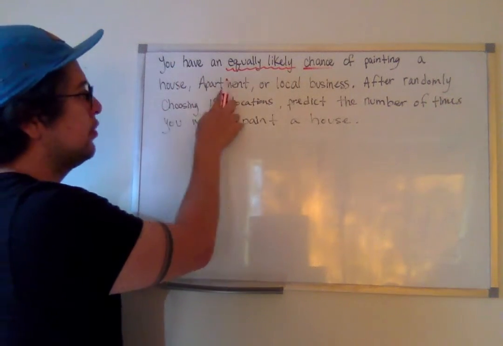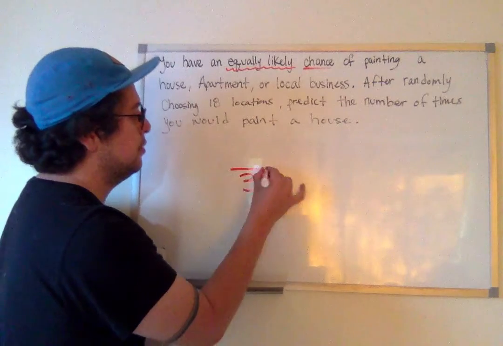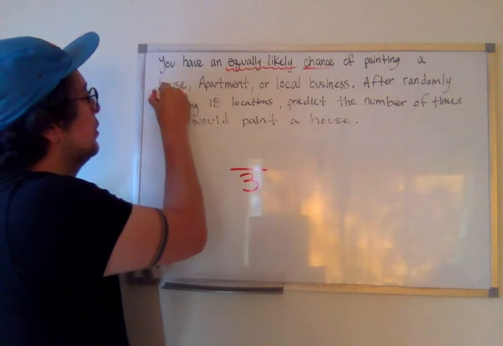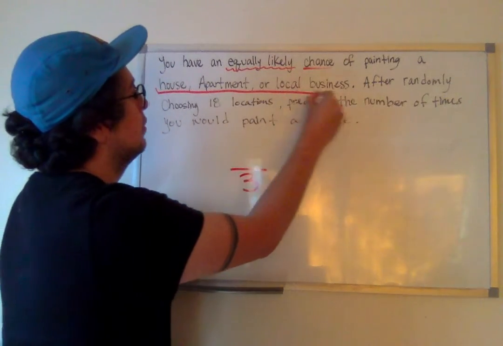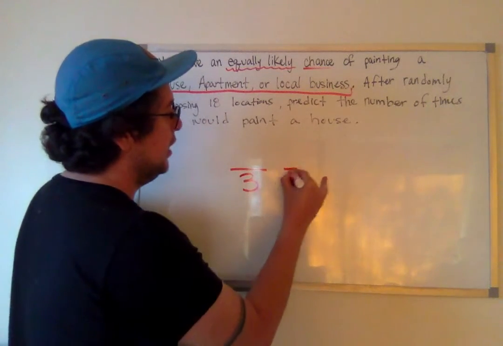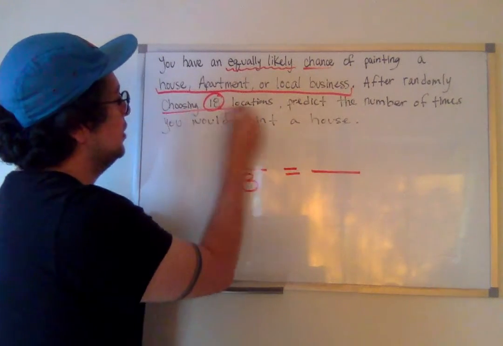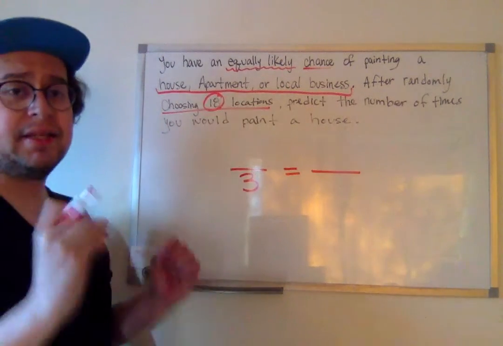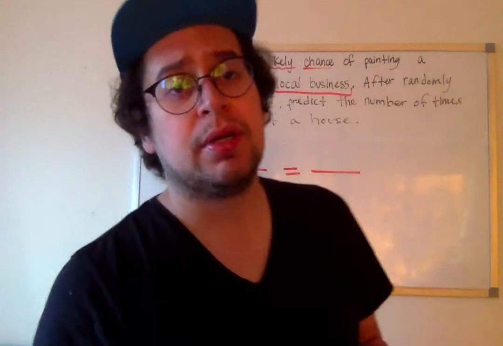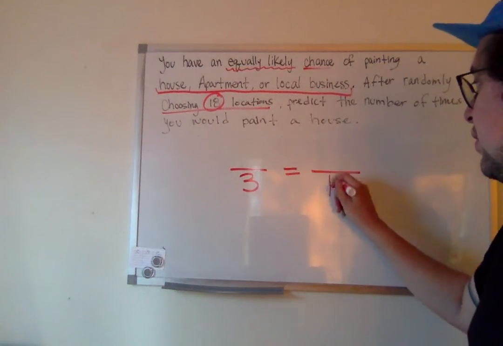So we have three total options right here. After randomly choosing 18 locations, this 18, choosing 18 locations, that gives us our total for our other fraction. So our 18 is going to go over here.